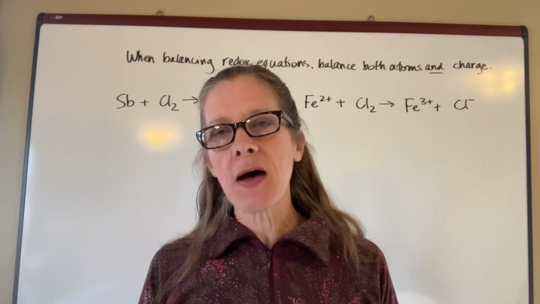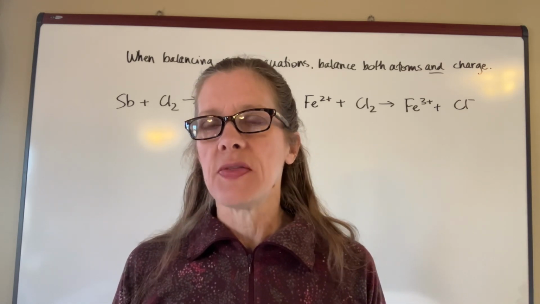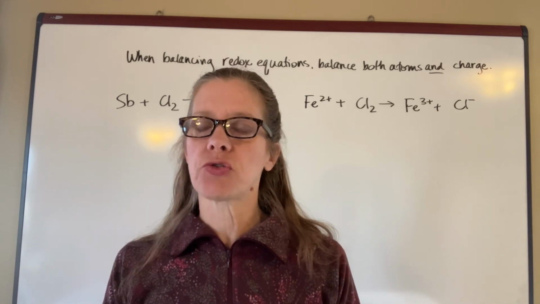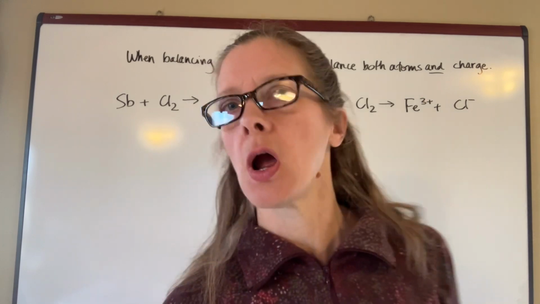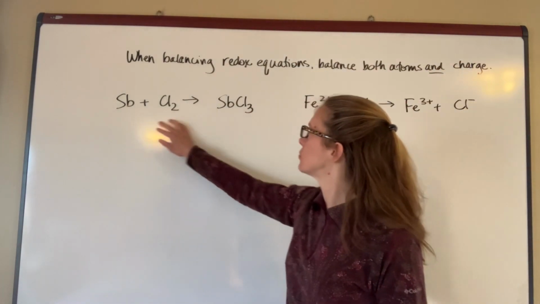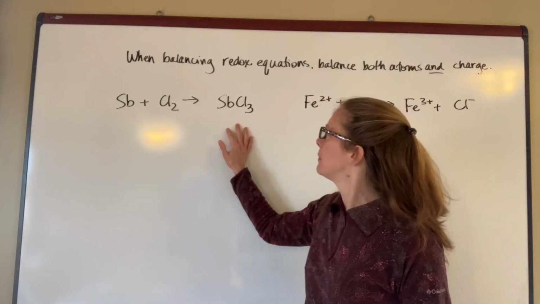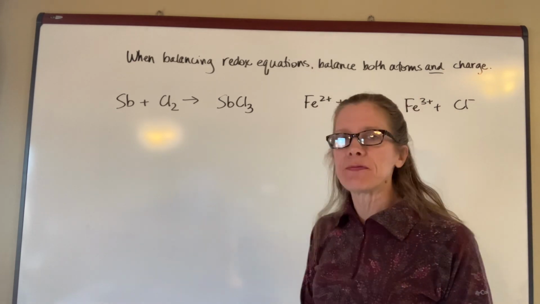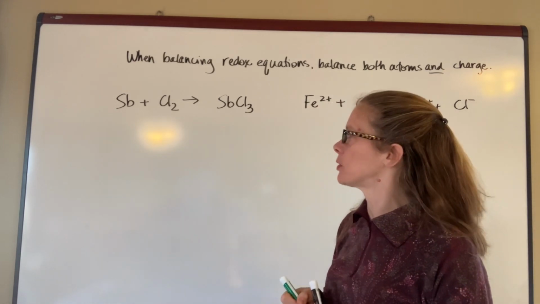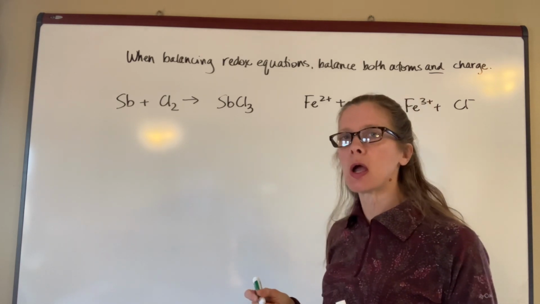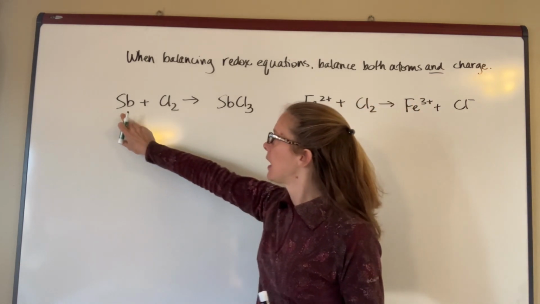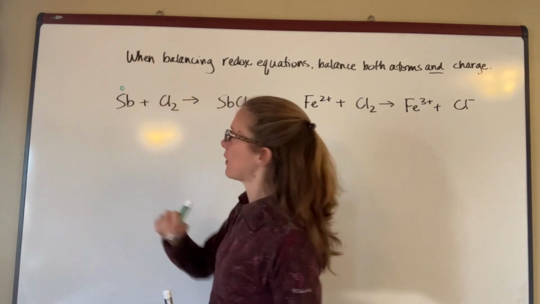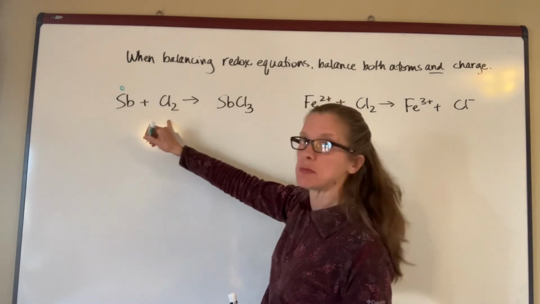Now, you can have a redox equation that doesn't actually change charge from one side of the equation to the other. So if you look at this equation right here, this looks like it should be relatively easy to balance. If I look at oxidation numbers, you'll remember that if I have an element that's by itself, the oxidation number on that is a 0. And so this is going to be the same thing here.